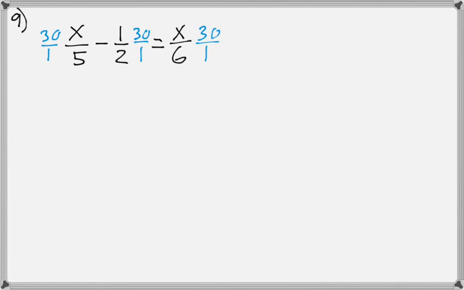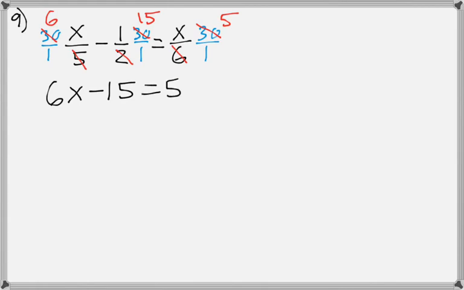So if we reduce here, 5 goes into 30 6 times, 2 goes into 30 15 times, and 6 goes into 30 5 times. So my new equation would be 6x minus 15 is equal to 5x. And this is a lot easier equation to solve.